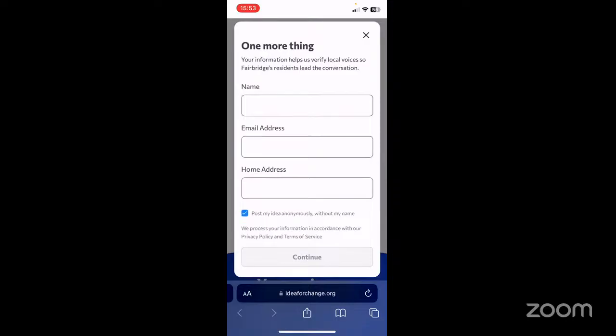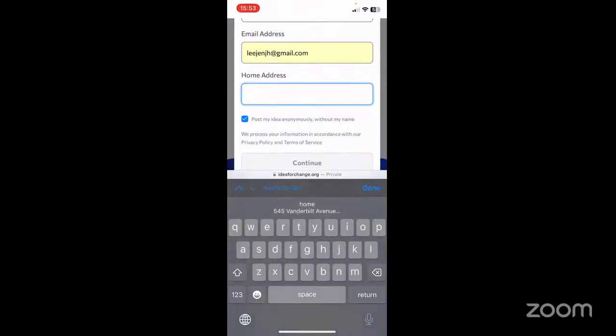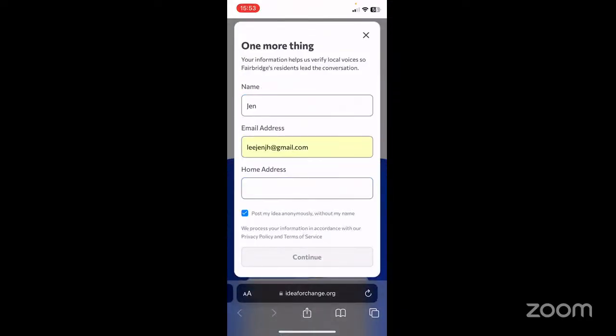So I'm assuming I need to put in all this information. And how do you feel about that? If I wanted to post anonymously, I would expect that information wouldn't be collected. I can also see it for verification purposes, so it's not like people mass adding too many proposals. I can understand.